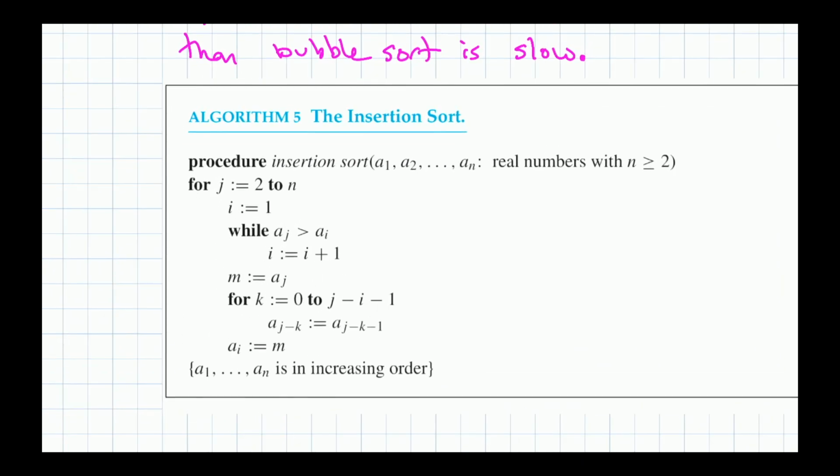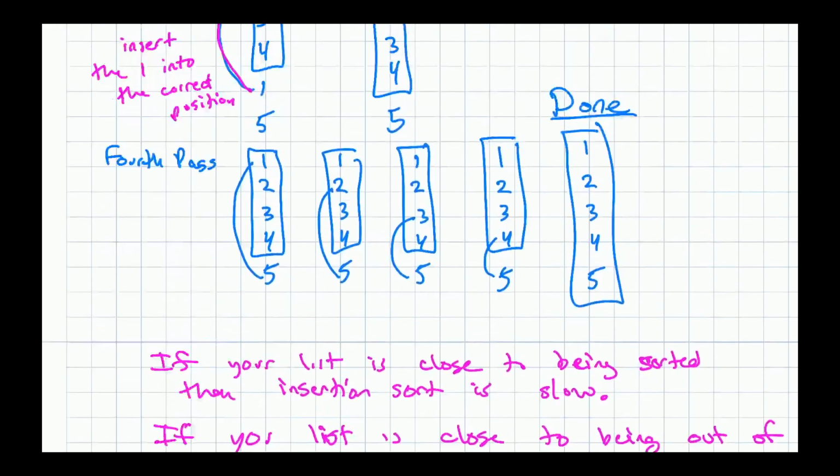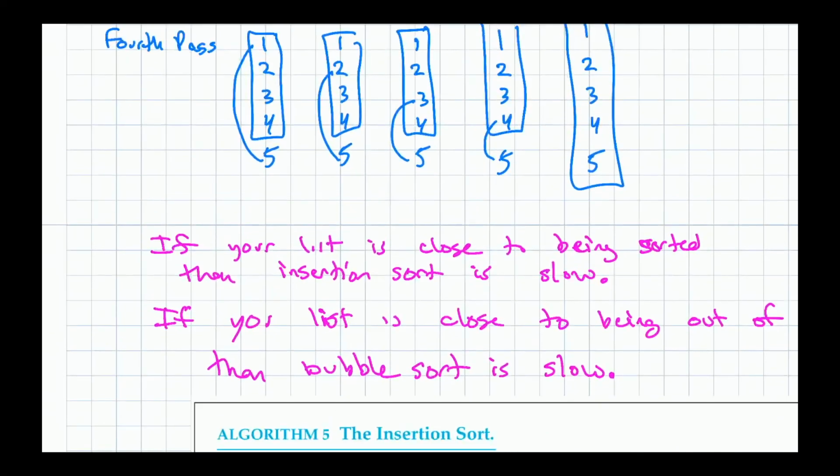And so this is the algorithm. There's nothing special about it. So this is what it is. It looks more complicated in here, but it does exactly what we did in the example.